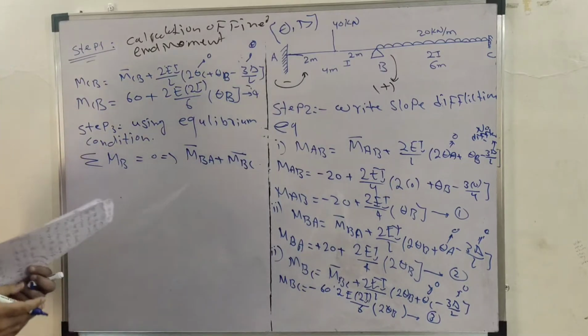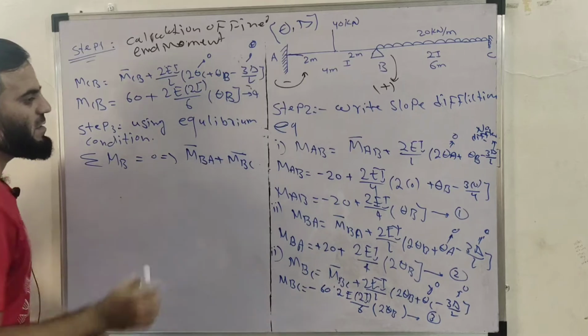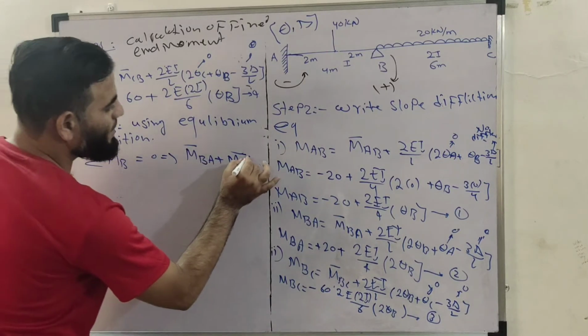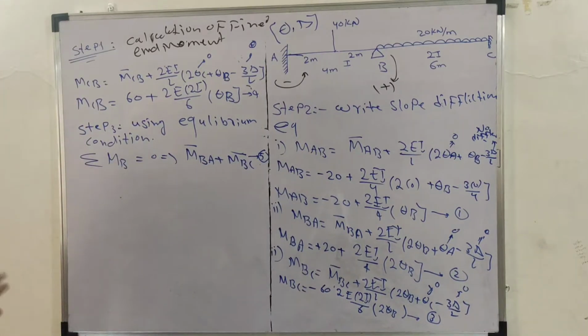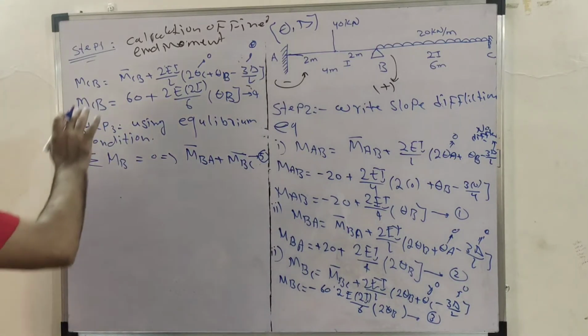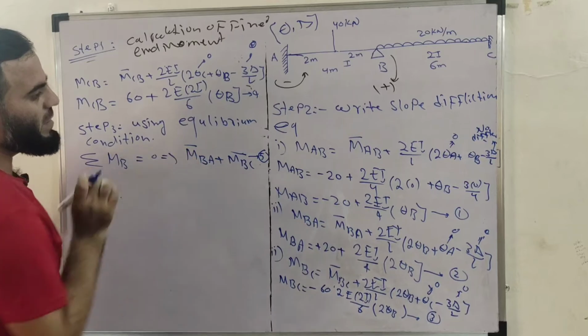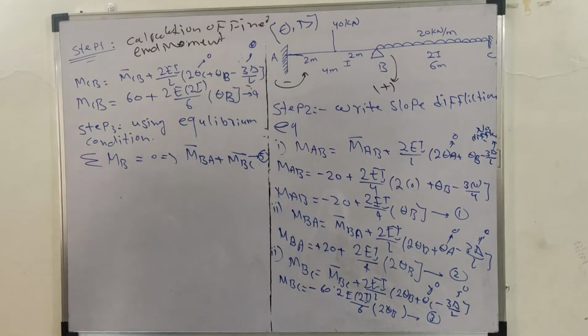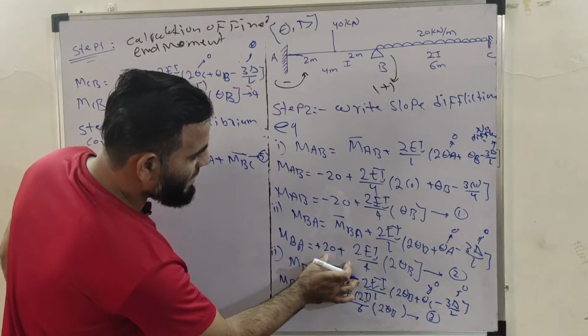These two, this is the equilibrium condition according to this equation. This is equation number 5. From equation 5 we will find out the final end moment. We will substitute moment of BA plus moment of BC. What is moment of BA? Moment of BA, the equation is this one.